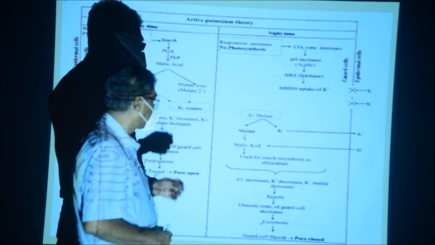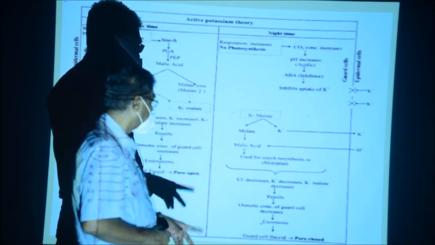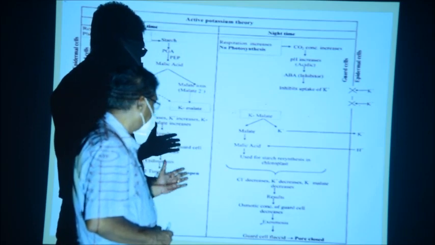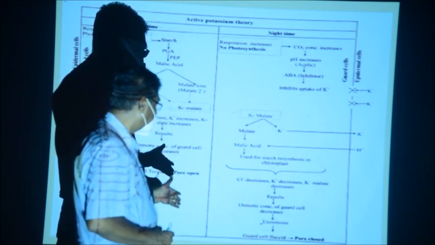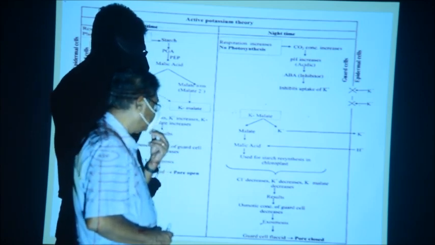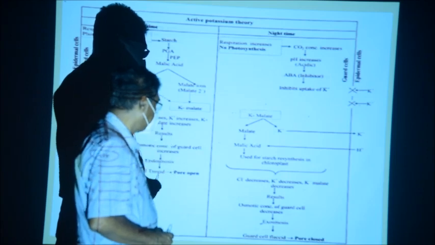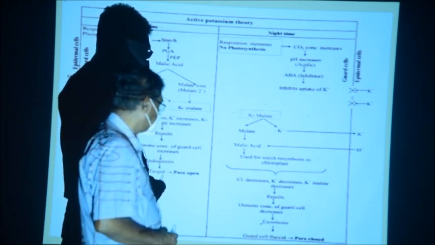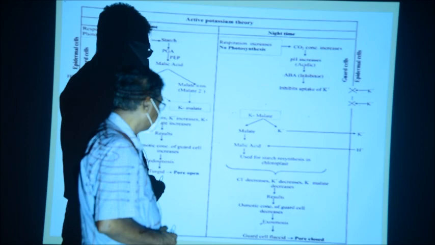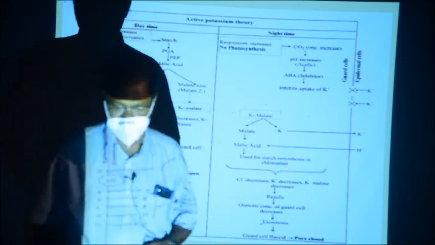The movement of potassium ions outside is prevented by abscisic acid, a hormone, and then malic acid gets converted back to starch, and malic acid is used in synthesis in the chloroplast.